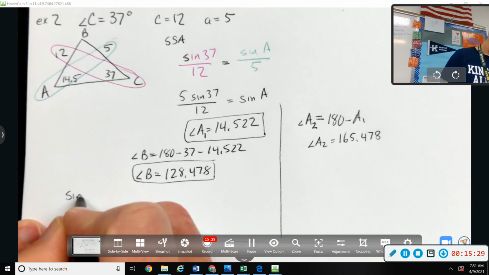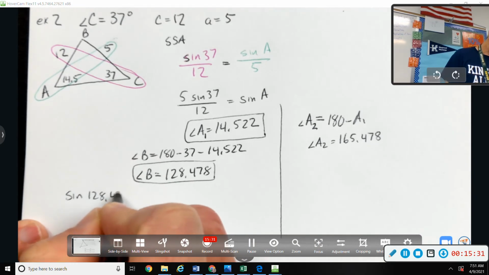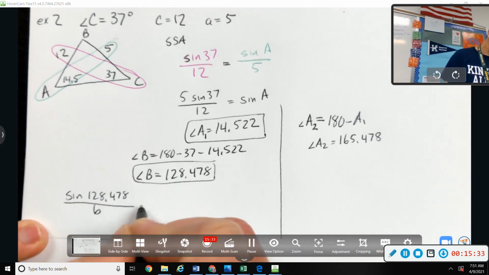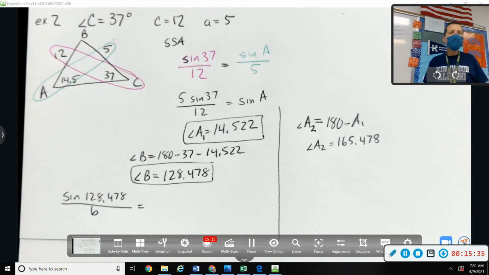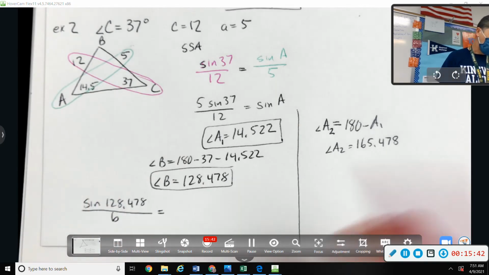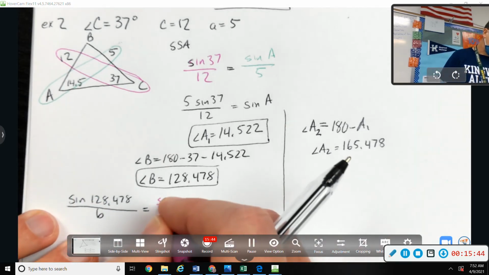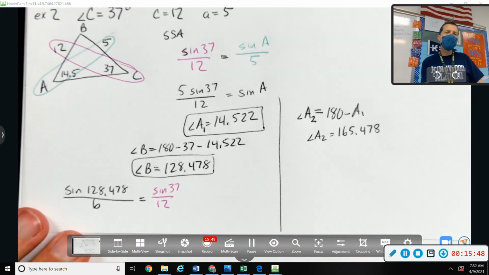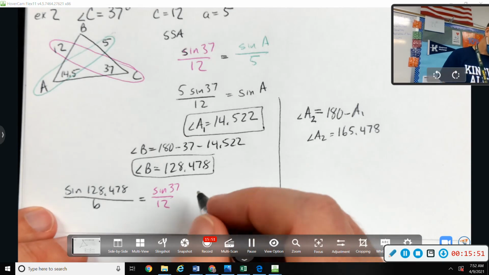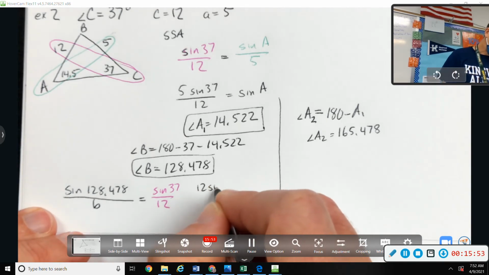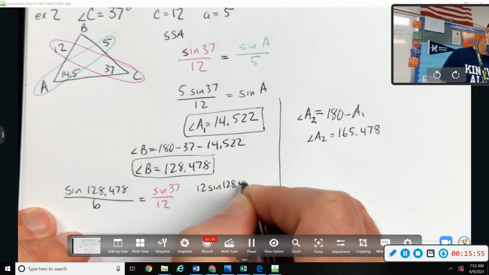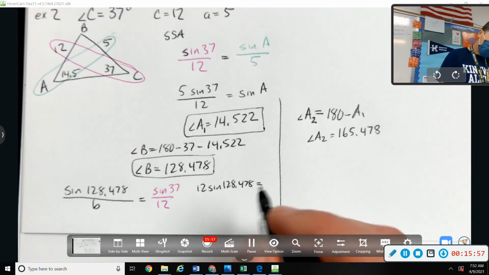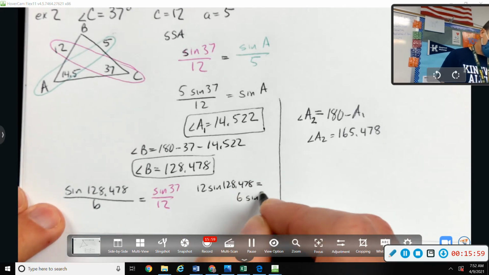So sine of 128.478 over side B equals, I can use A or C, it doesn't matter, but C was the original information, so I should probably use the C stuff. Sine 37 over 12. So cross multiply. Again, some of you aren't going to show this step because we've done it enough.